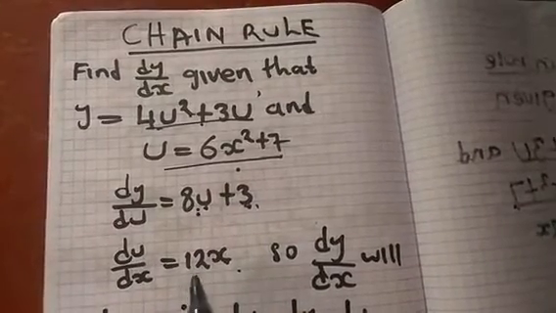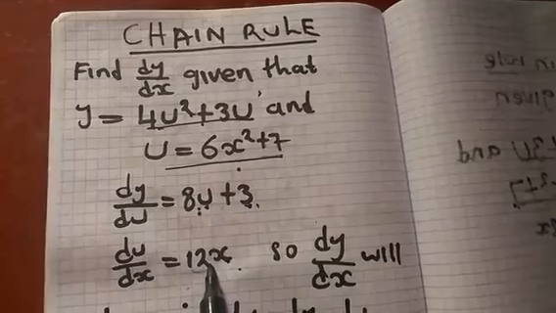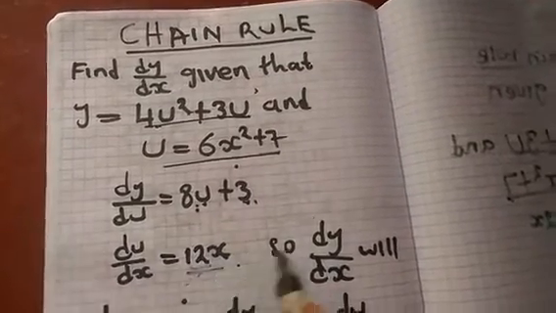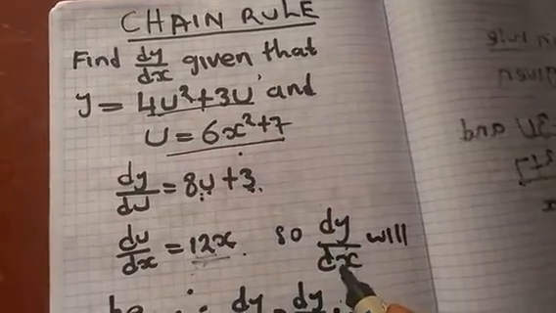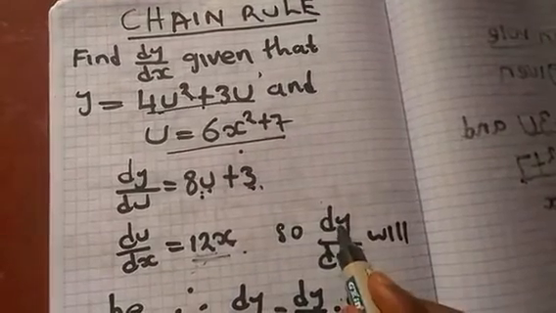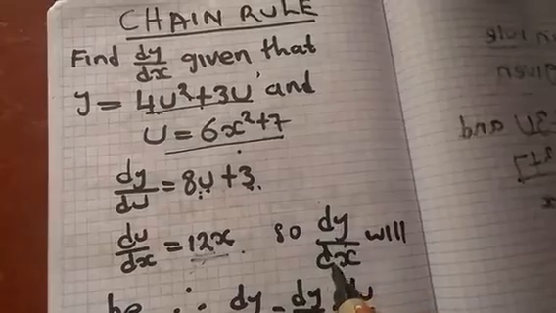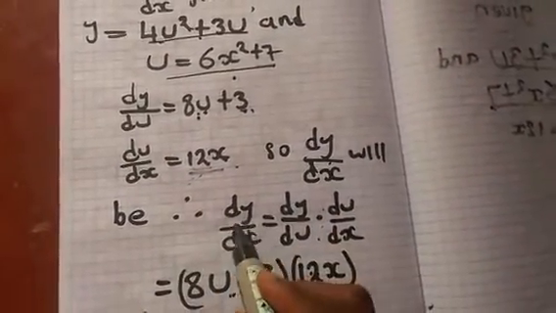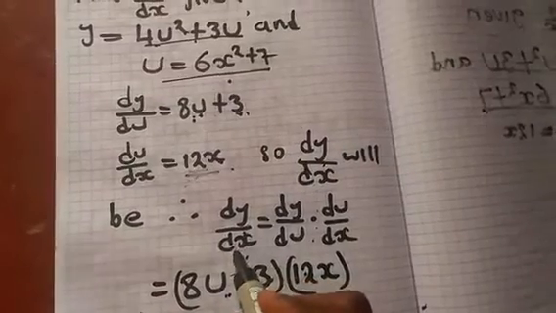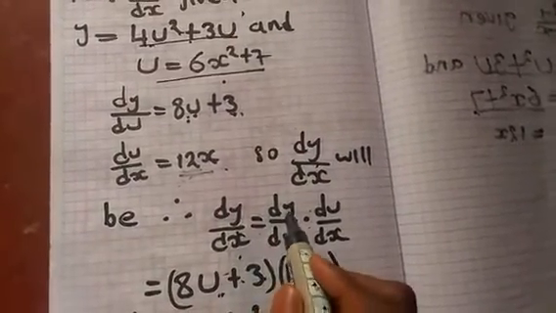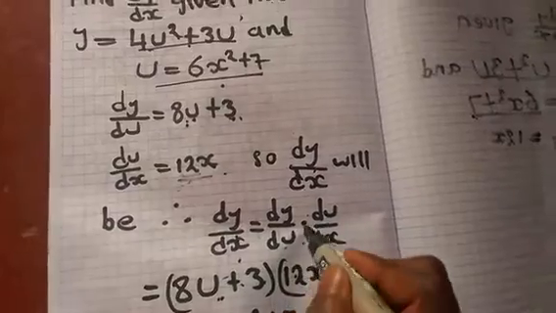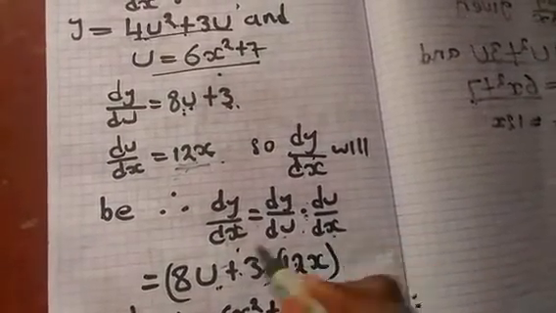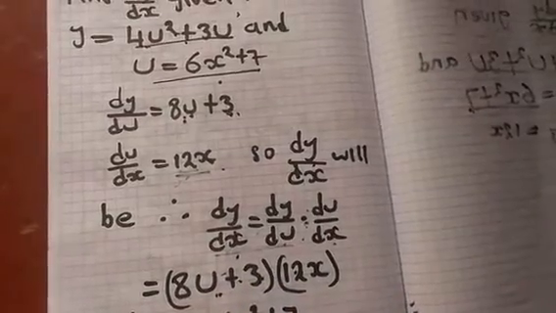With respect to x, that is 12x. So dy over dx is equal to dy over du multiplied by du over dx.